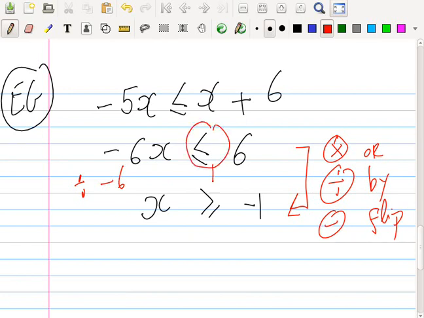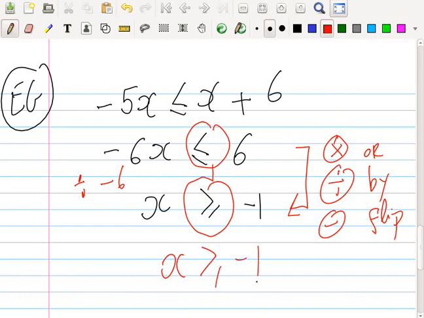So that gets flipped into that. With this one additional rule, it's really identical to what you've been doing in the first week. Just need to remember to flip when you have negative multiplication or division. So there's the answer. The answer is x is greater than or equal to minus 1.